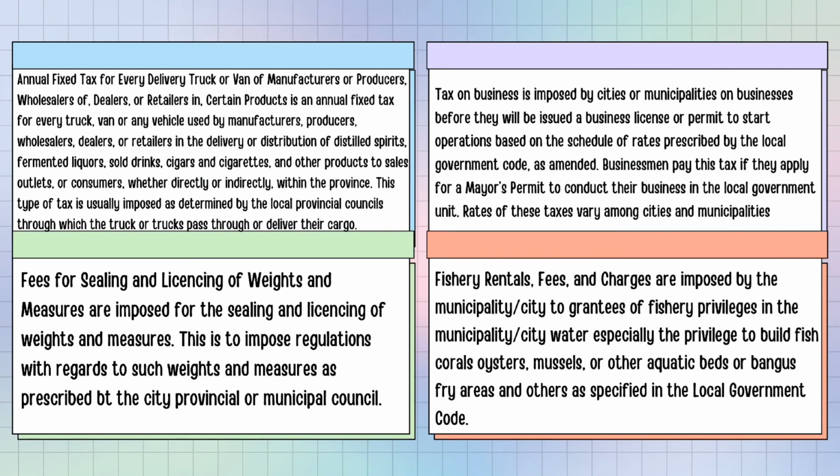Also, annual fixed tax for every delivery truck or van of manufacturers or producers, wholesalers, dealers, or retailers of certain products is an annual fixed tax for every truck, van, or any vehicle used by manufacturers, producers, wholesalers, dealers, or retailers in the delivery or distribution of distilled spirits, fermented liquors, soft drinks, cigarettes, and other products to sales outlets or consumers whether directly or indirectly within the province.